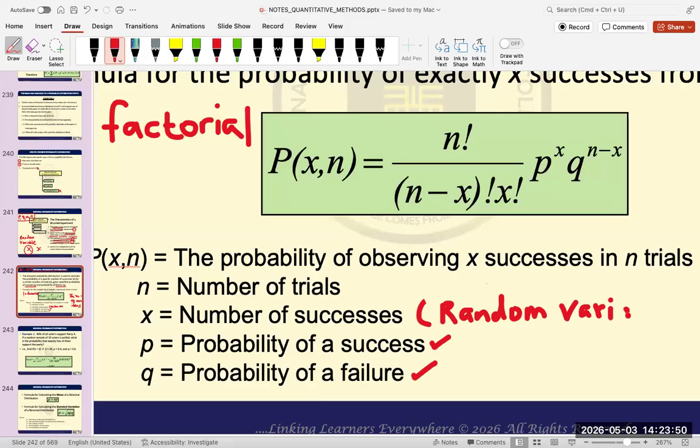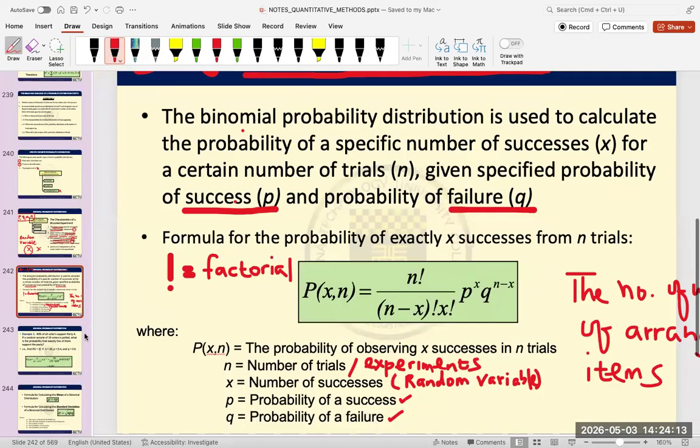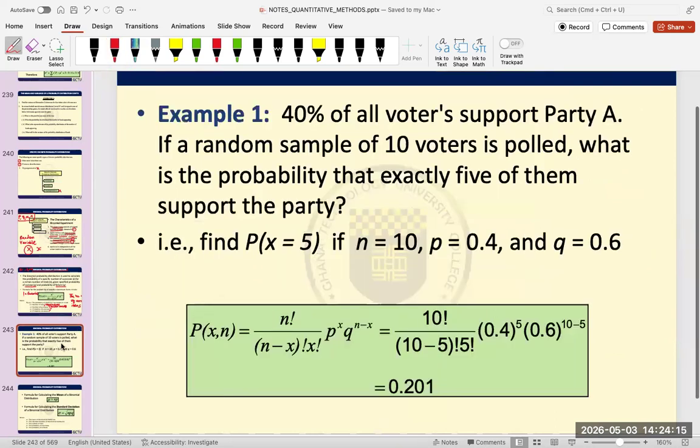And then finally, you have n as the number of trials or the number of experiments that you carry out. So let's learn how to use the binomial distribution formula.